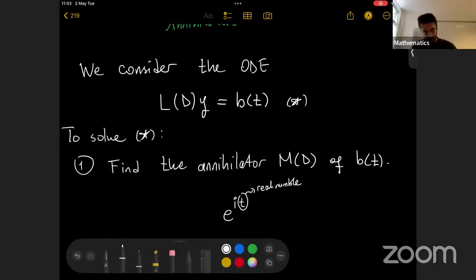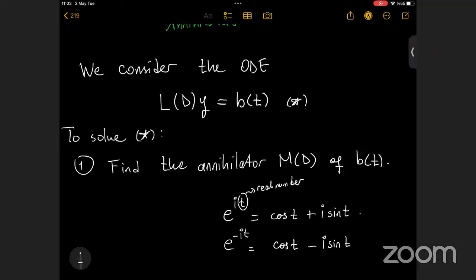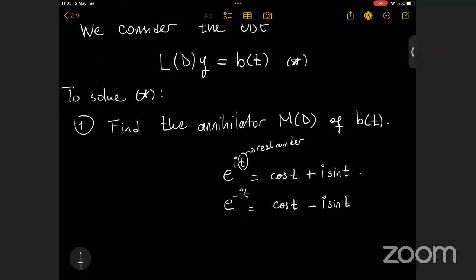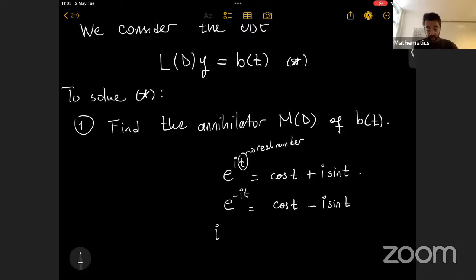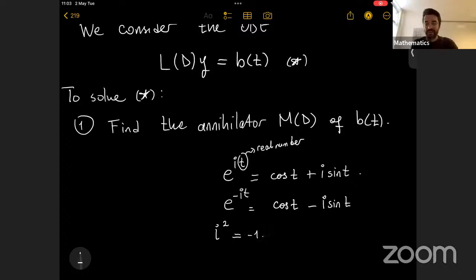In that case, e to the it is cosine t plus i times sine t. And e to the minus it is basically you replace t by minus t, but sine is an odd function, so it becomes minus i sine t. Is i a coefficient? i is the imaginary number, which gives you minus 1 when squared. Okay, thank you so much. All right, good.